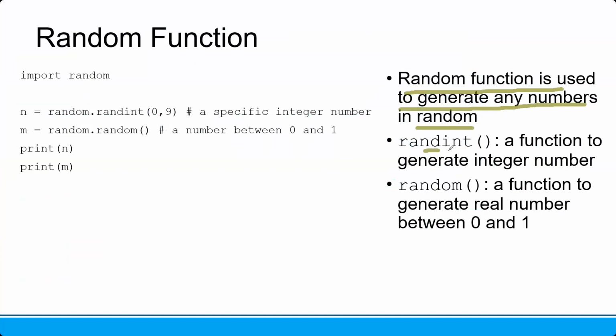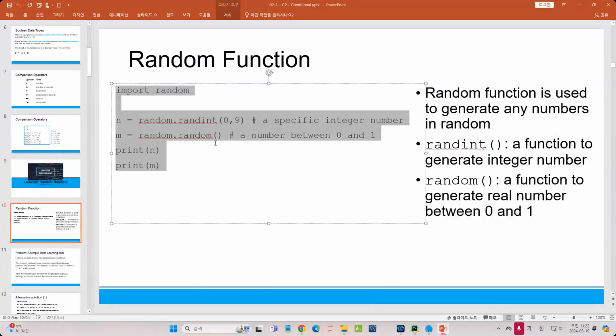The first is randint. It is a function to generate integer number. The integer number means any number which is without comma. But the random here is a function to generate a real number between 0 and 1. So let's see. I will use this one.